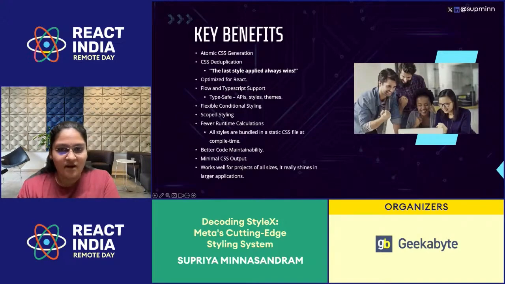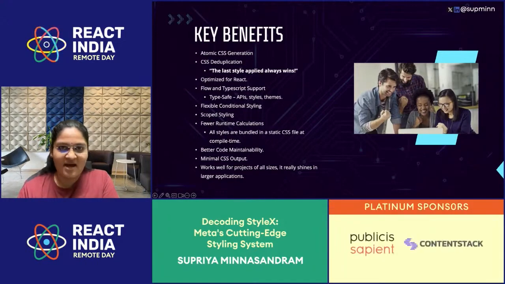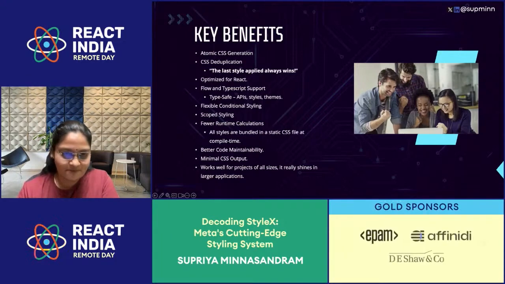They do have better maintainability with respect to tightly integrated components, so it becomes easier to maintain and refactor code over time. And since it's already battle tested and used in production at Meta's large scale React applications, it definitely speaks about its robustness and scalability.